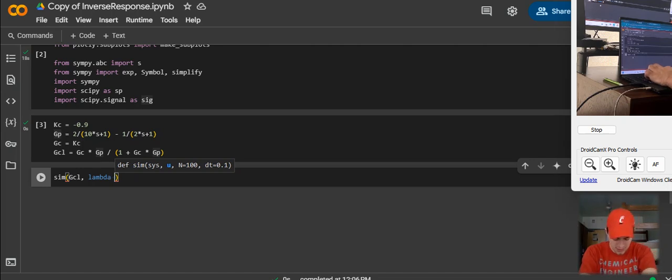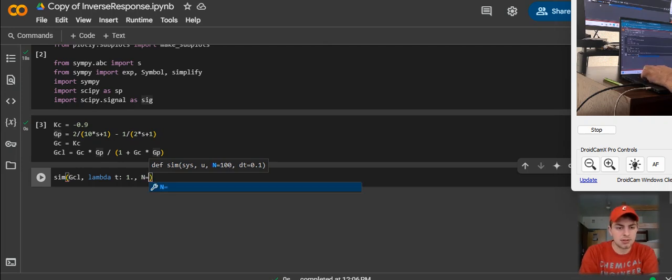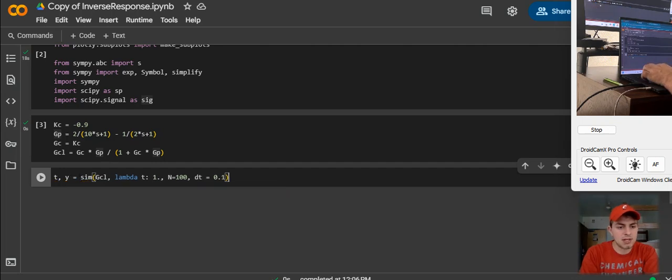So I think it's lambda t, and I think we can just say 1. N is going to be however many steps we want to run, so let's start with 100. dt can be 0.1, that's fine. We'll just see what happens with the simulation and if this runs appropriately. And so what that's going to output then is our t and our y.